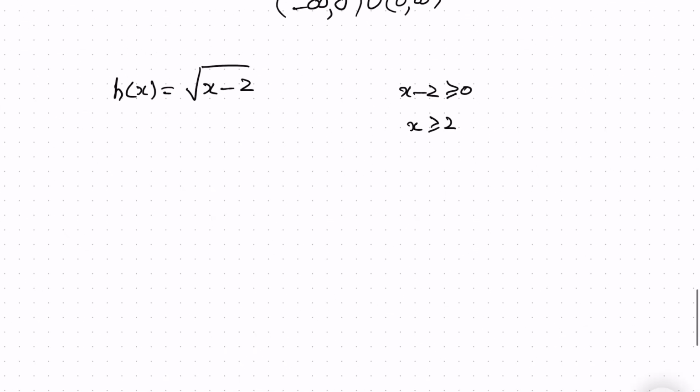So for this one, the domain is all real numbers such that x is greater than or equal to 2. If you plug in x equal to 3, it works. 4, it works. 3.5, it works. All the real numbers which are greater than or equal to 2 are going to work. Even if it is 2, the square root doesn't have a problem with 0. Square root of 0 is 0.